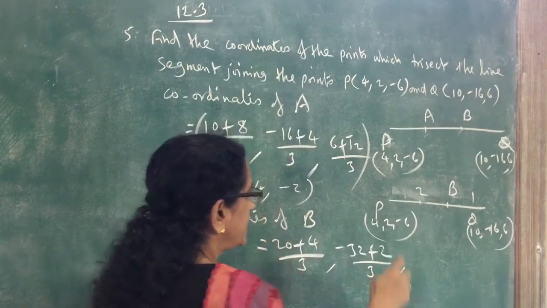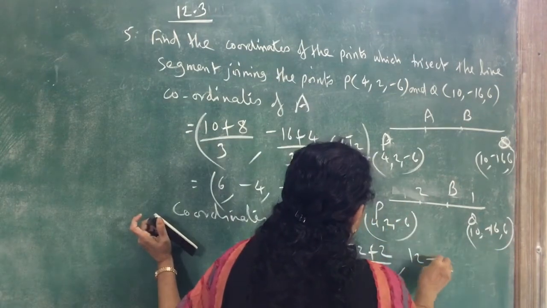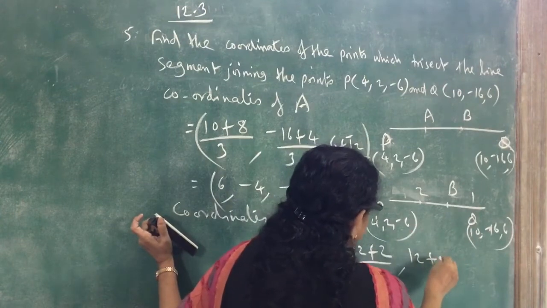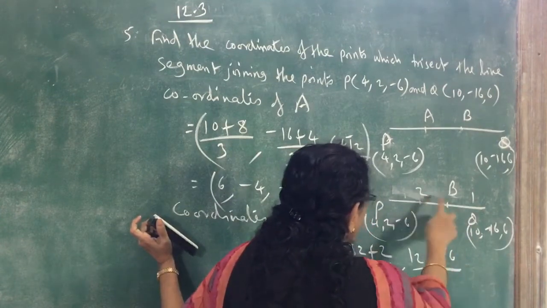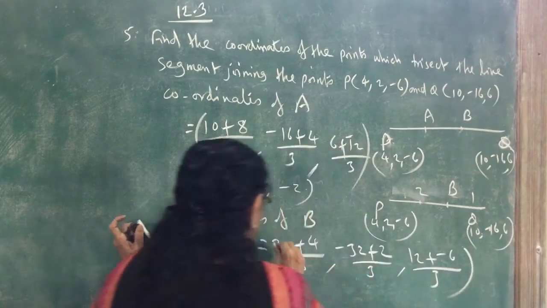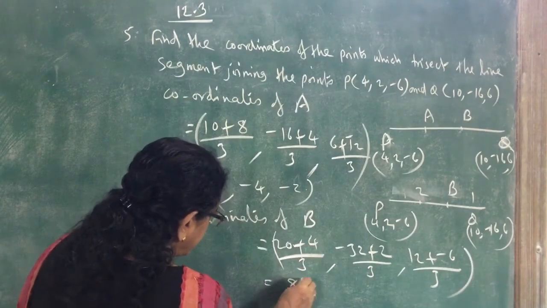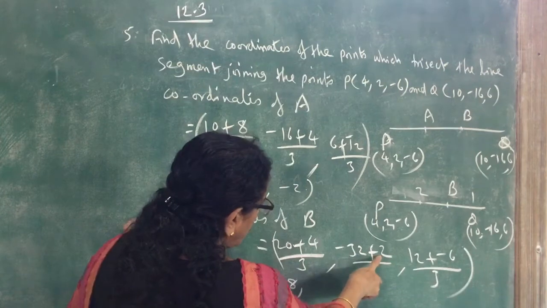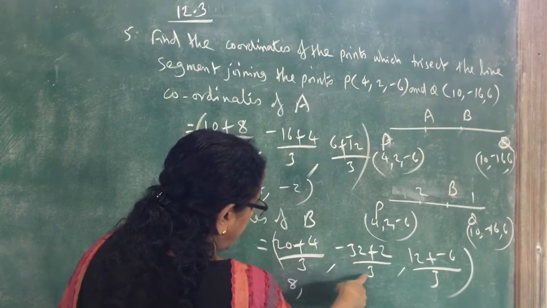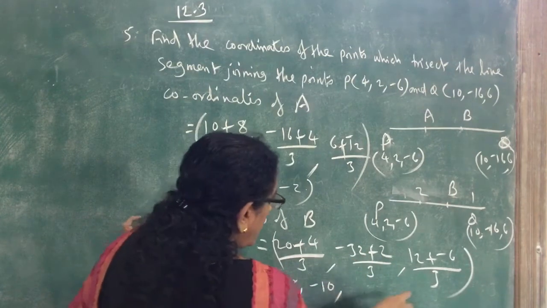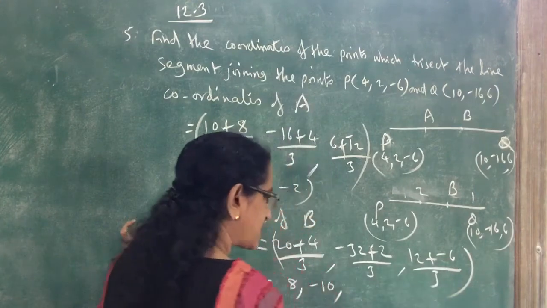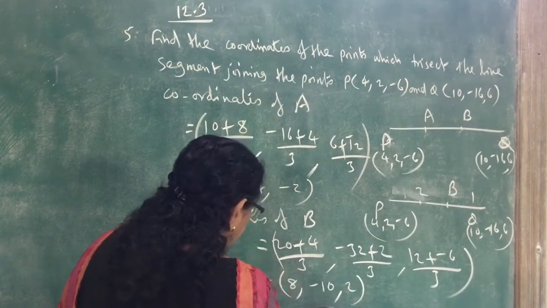Then the z coordinate: 2 into 6, 12, plus 1 into -6, divided by 2 plus 1, that is 3. So that is equal to 24 by 3, 8; -32 plus 2, -30 by 3, -10; 12 plus -6, 6 by 3, 2. So (8, -10, 2).